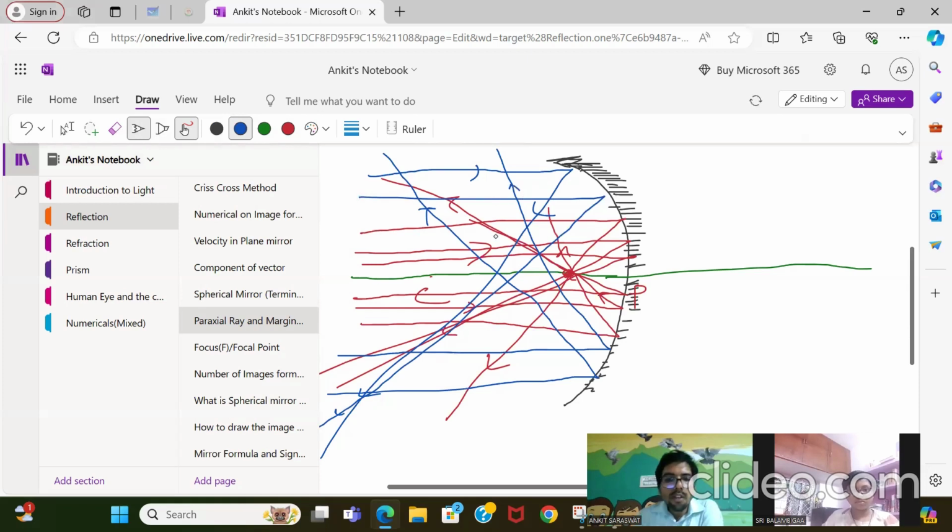Now see here, the rays. This is the principal axis. Just see these rays only.